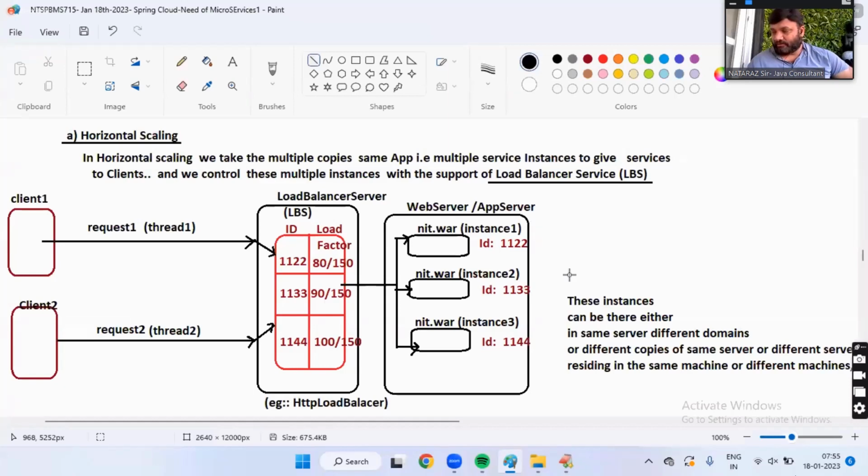The load balancer. If a load balancer is not there, then even if you take multiple service instances for one application, that will be wasted, or not?